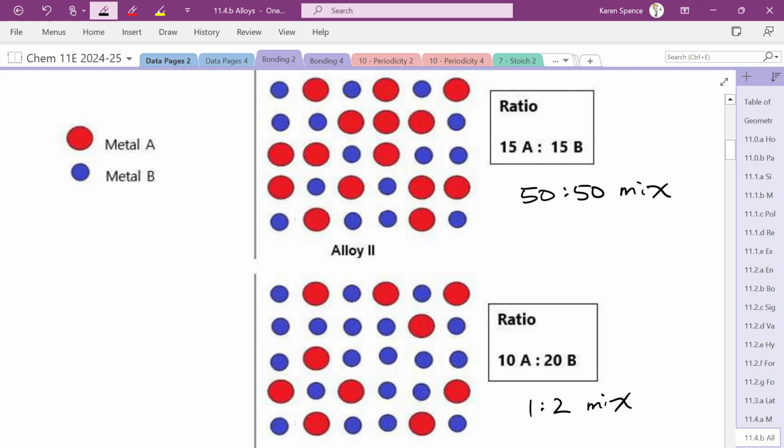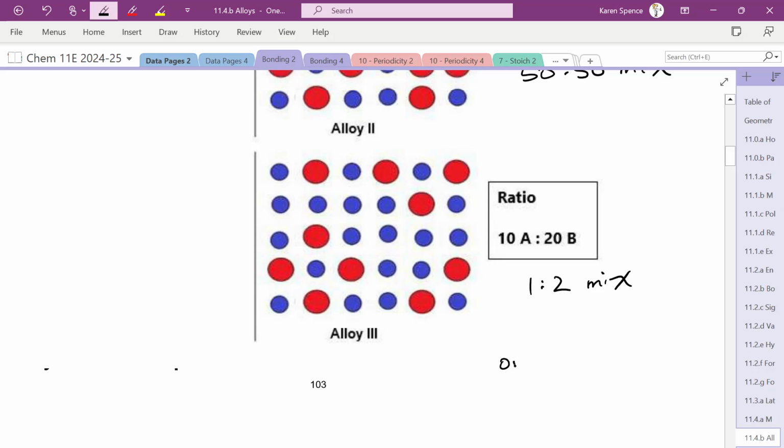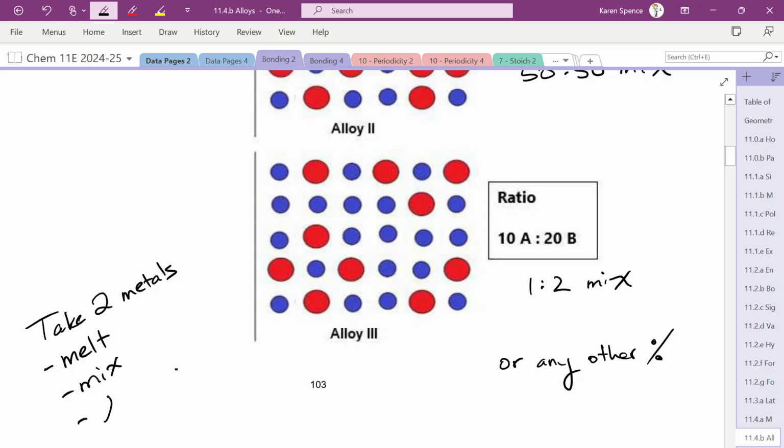You could have any mix or any other ratio. So alloys can have any percent. Two metals melt, mix, let harden, that's an alloy.